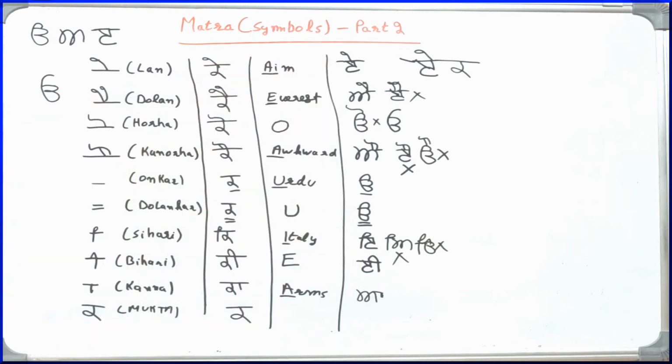Just remember 2 points when it comes to the matras. These 9 matras, they have their own unique sound. This is the first point. The second point is they can change the sounds of the letters as well. Let me show you one example here.